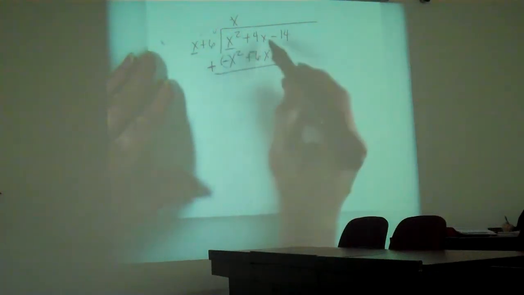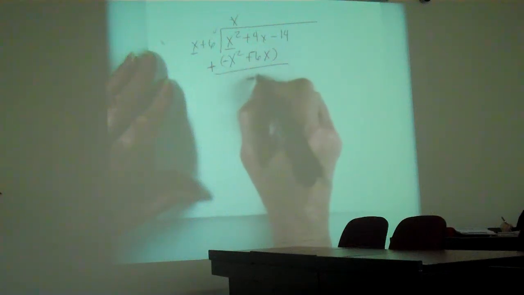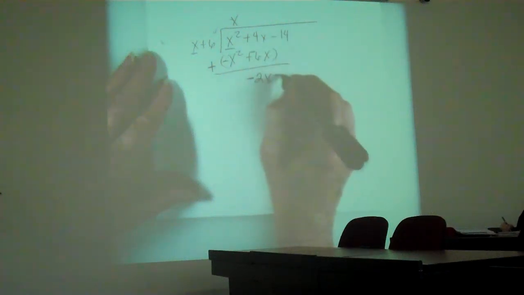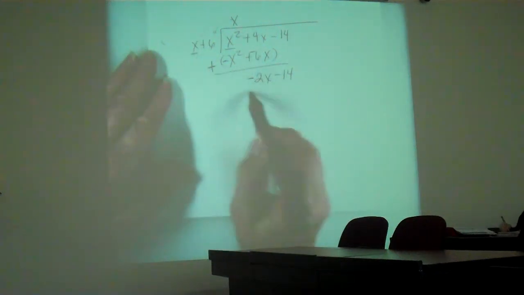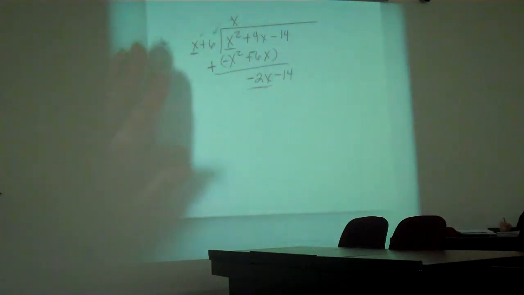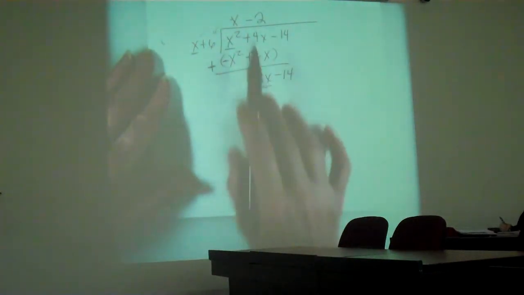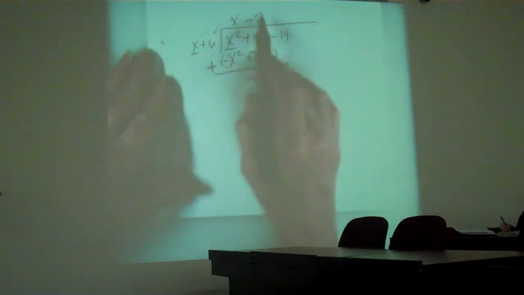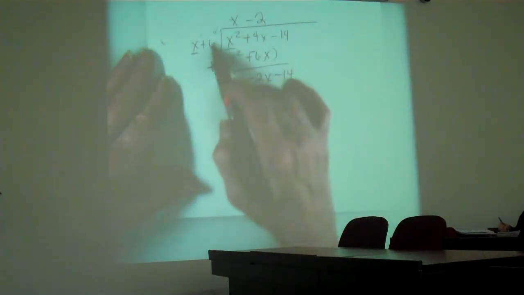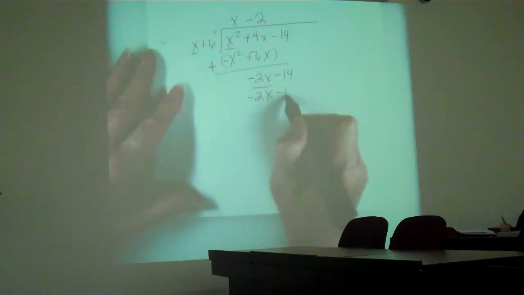X squares cancel, 4 minus 6, negative 2x. Bring the minus 14 down. So what do we need up here? We have x and a negative 2x. Negative 2, minus 2. Minus 2 times x, and then negative 2 times 6 is negative 12.